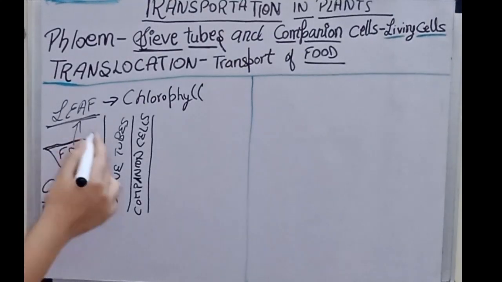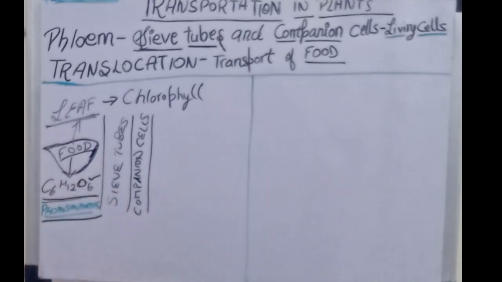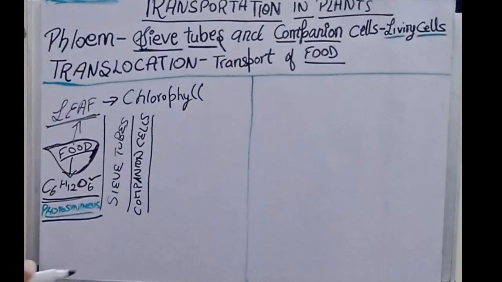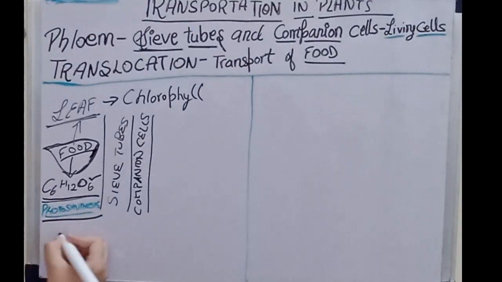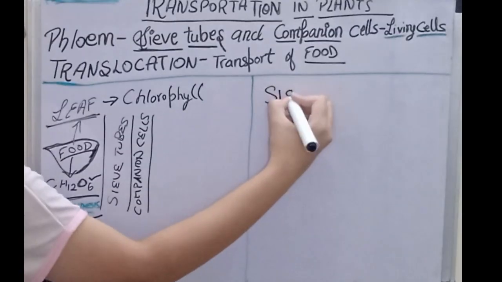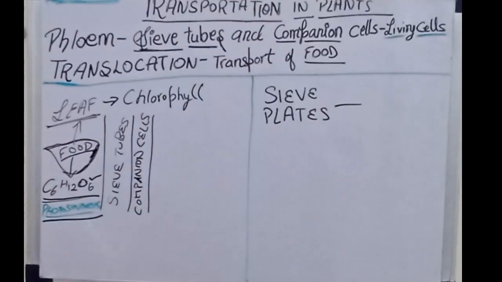So let's say this is a leaf, although it doesn't look like one, and it has your food, that is glucose. Now this food needs to get into the sieve tubes. How will it? Sieve tubes have something called sieve plates. Let me write it down here. What are these sieve plates?